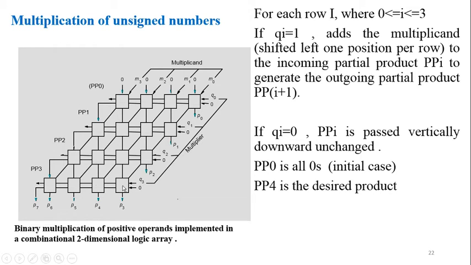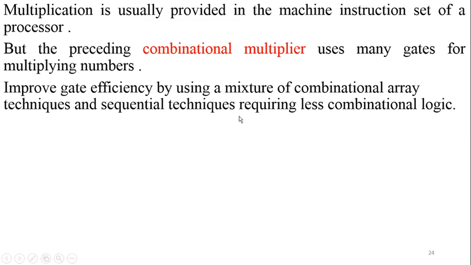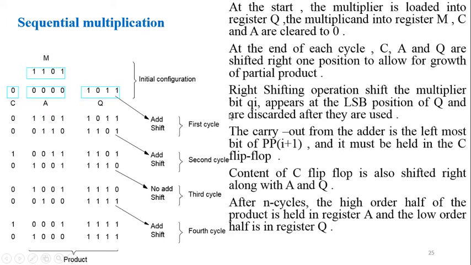Here we need a large number of cells to implement a multiplication. As the number of bits in the multiplicand and multiplier increases, the number of cells required also increases, and each cell consists of a full adder and AND logic. So in order to increase the efficiency, or to reduce the number of cells used, we can mix the combinational array techniques with sequential techniques.